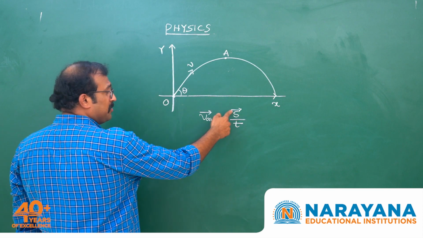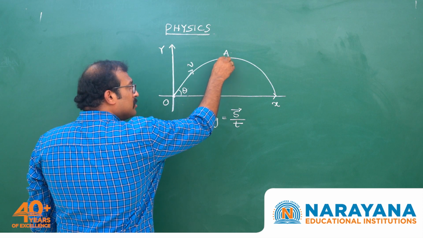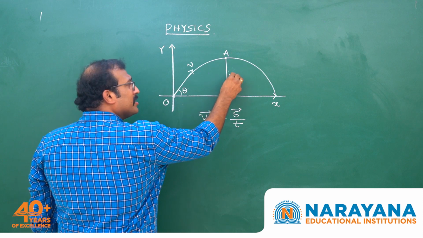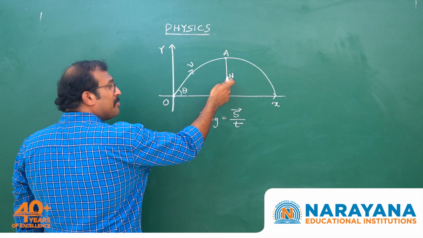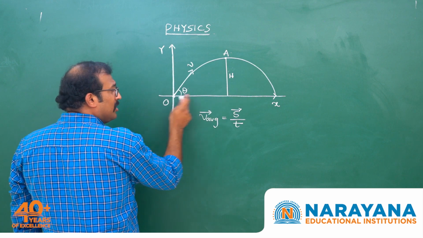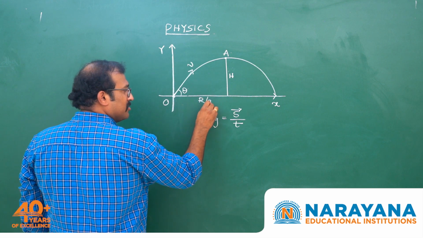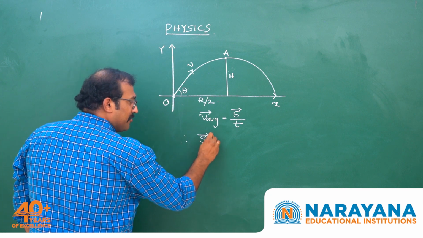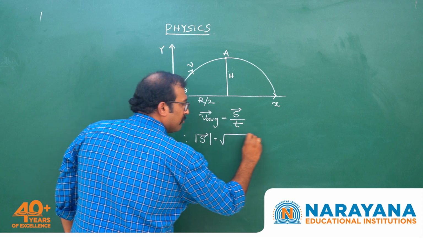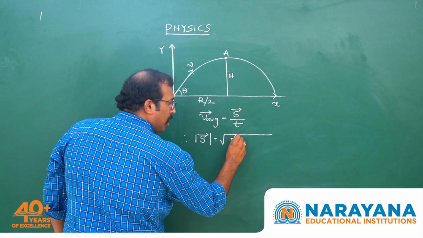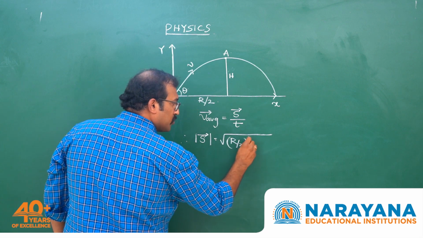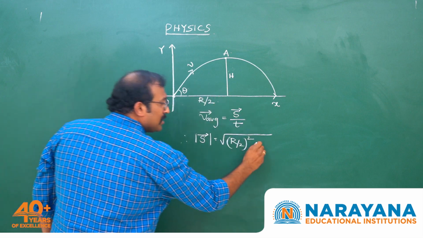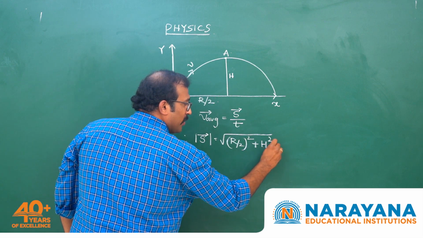What is this displacement? Let us draw, this is the maximum height, and the position of the maximum height from the horizontal is half the range. Therefore, the displacement is given by root of (R by 2) whole square plus the maximum height square.